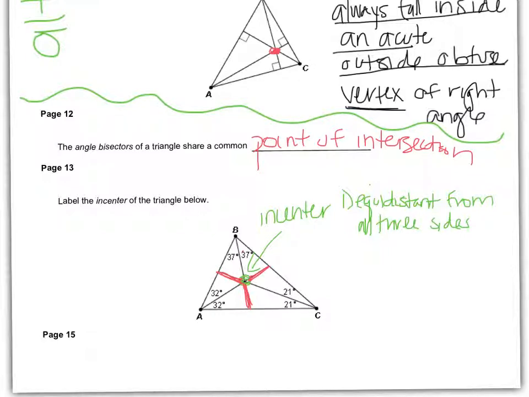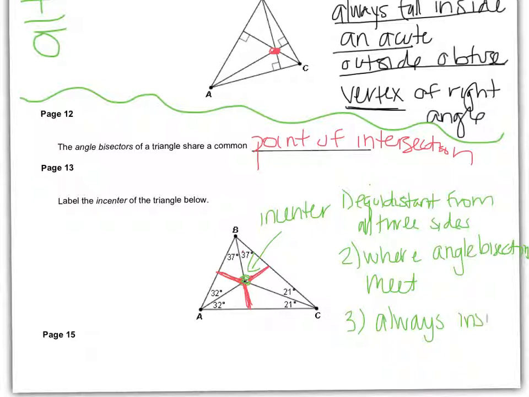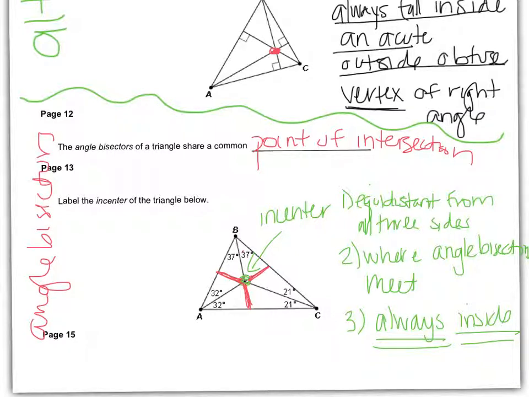Okay, the second thing you need to know is it's where the angle bisectors meet. And the third thing you need to know is it is always inside. No matter what, it is always inside. So everything in this section right here has to do with angle bisectors. So if you're talking about incenters, you're talking about angle bisectors, and vice versa.